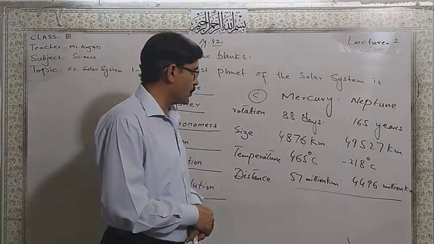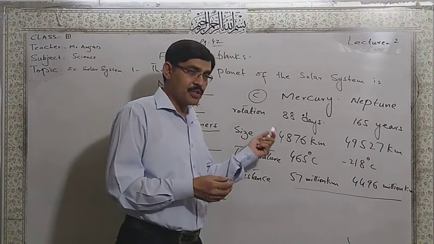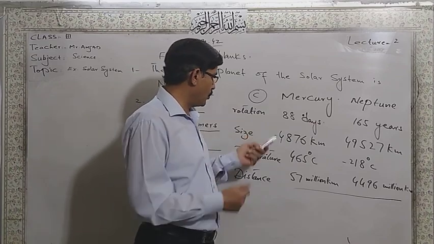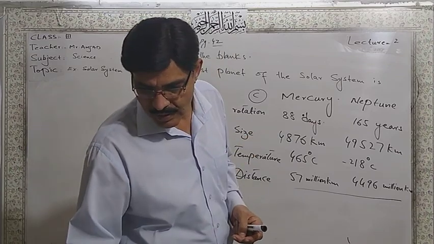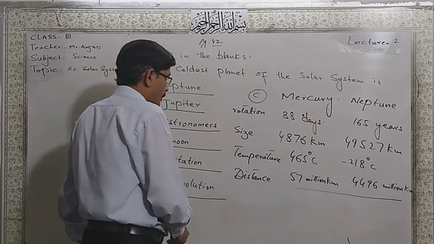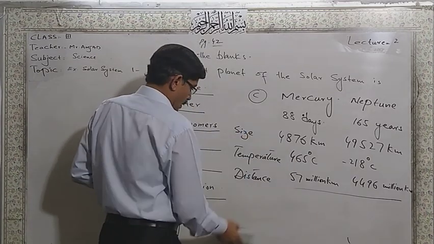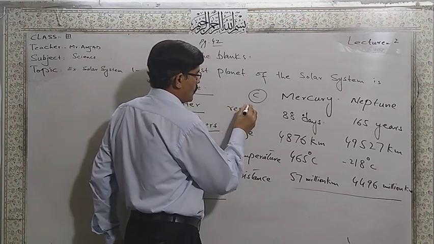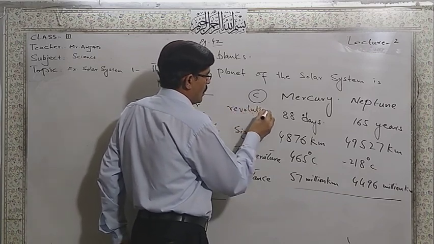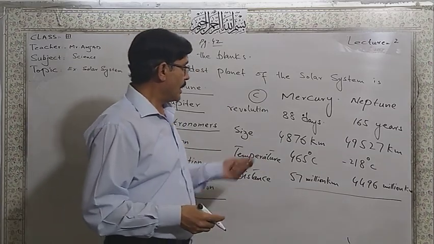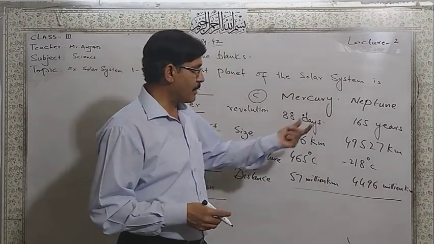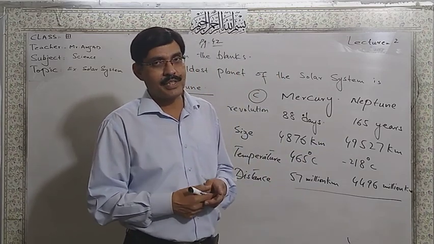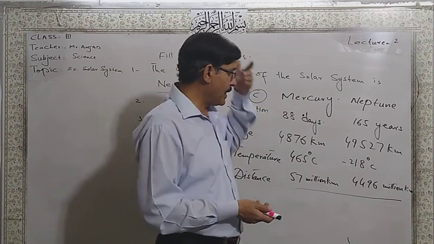I repeat, look at the board carefully. The revolution of Mercury around the sun takes 88 days, and Neptune takes 165 years, not days, 165 years.